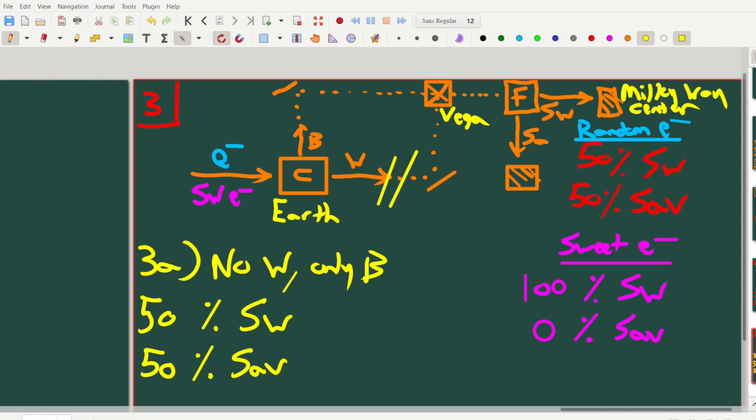We have electrons moving, right? They're moving over physical distance from Earth to Vega to the Milky Way center in this experiment. They have a velocity. Because they have a mass, they can't go at the speed of light, right? The only thing that can go at the speed of light is light. So the electrons are moving at slower than the speed of light.